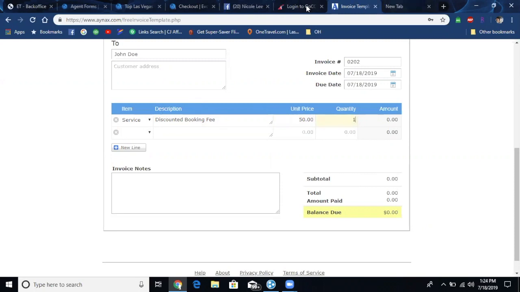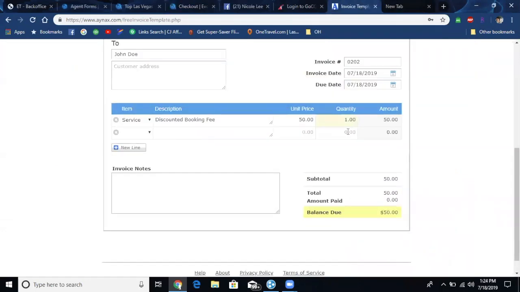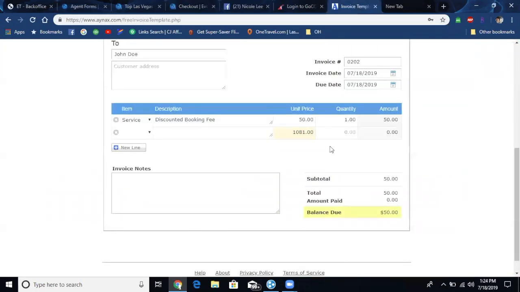And then here, what we're gonna do is we're going to put 1,081 is the total. $1,081. I think it was, you wanna put it exact, 51. And then this is where you want to put Venetian room.